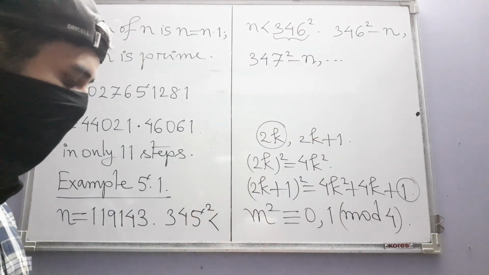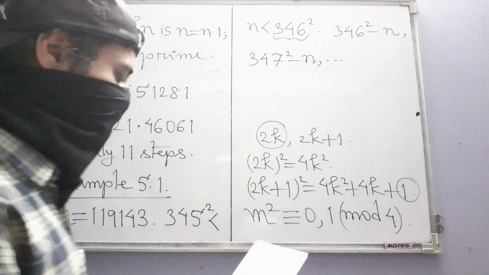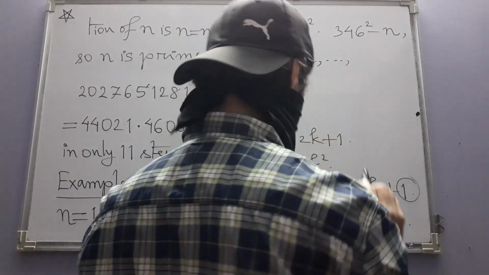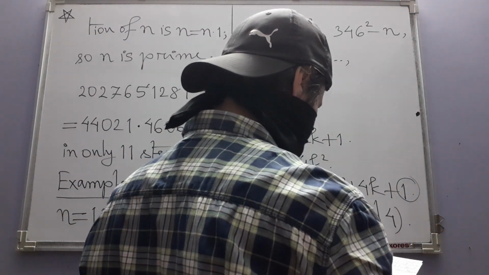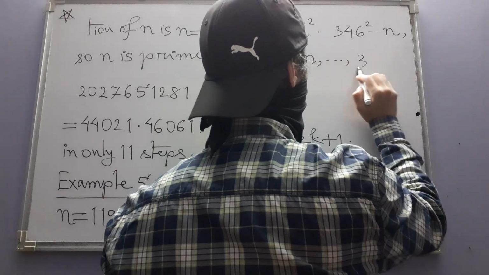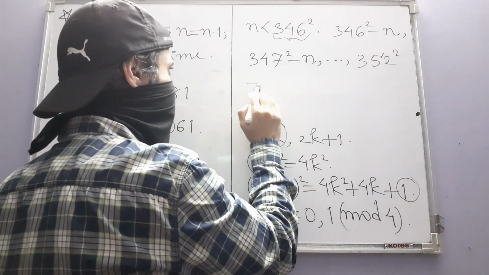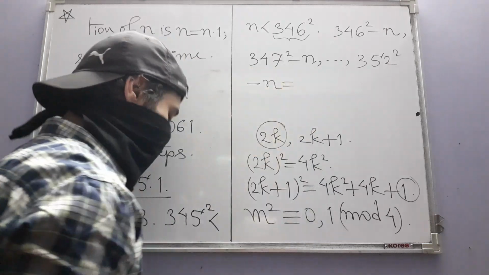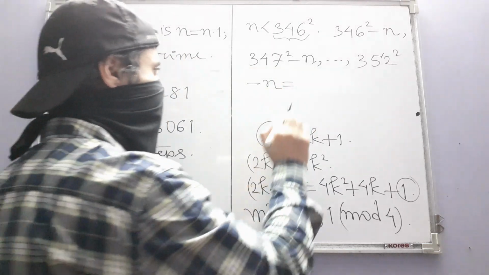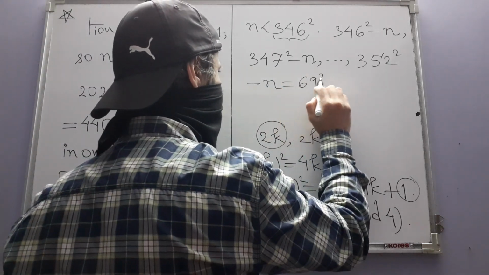But in any case, it turns out in this calculation that if one continues like this, eventually one reaches this: 352 square minus n turns out to be equal to 69 square. So here we get a perfect square.